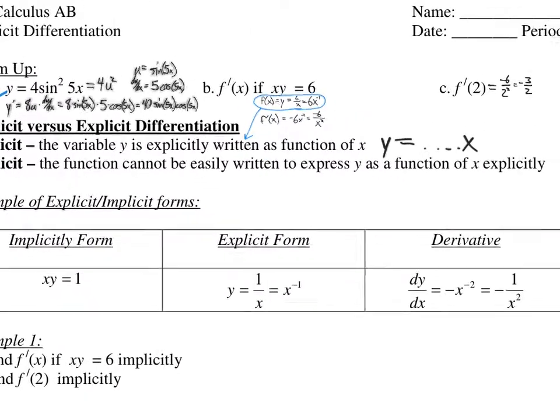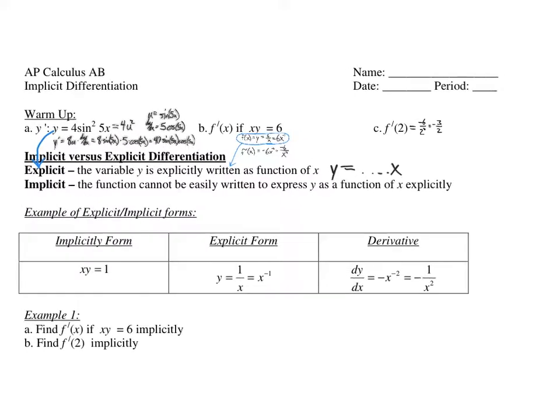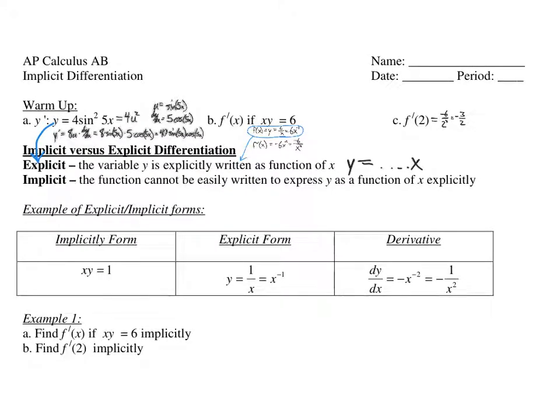So here you see the example we did above, xy equals 6 is the implicit form. Explicit form is y equals 6 over x, and then we can take the derivative really easily. Okay? Now, here we're taking the derivative explicitly.